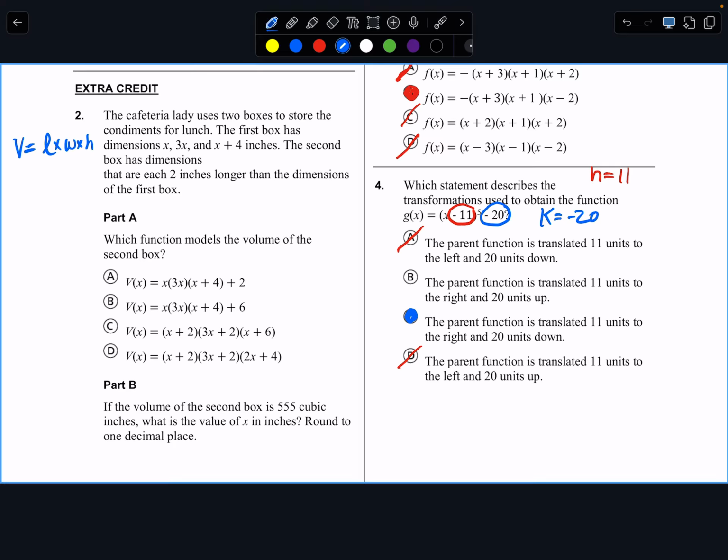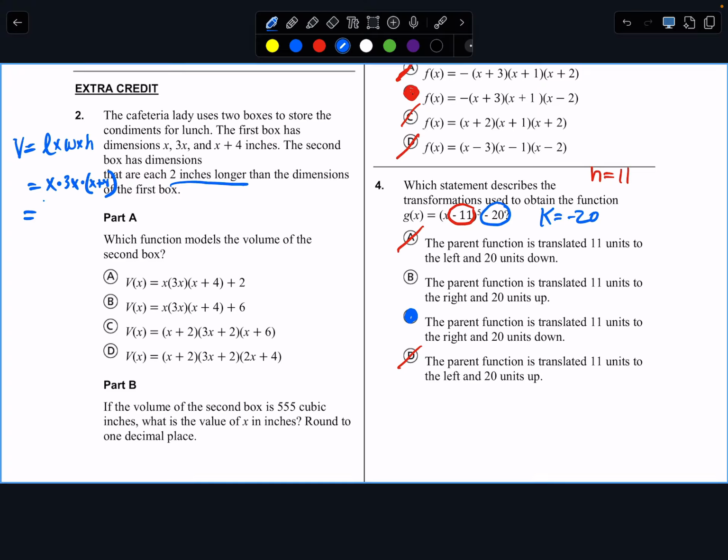The first box has the dimensions x times 3x times x plus 4. But then they say the second box has dimensions that are 2 inches longer than the first box. What does that mean? Add 2 to each dimension.